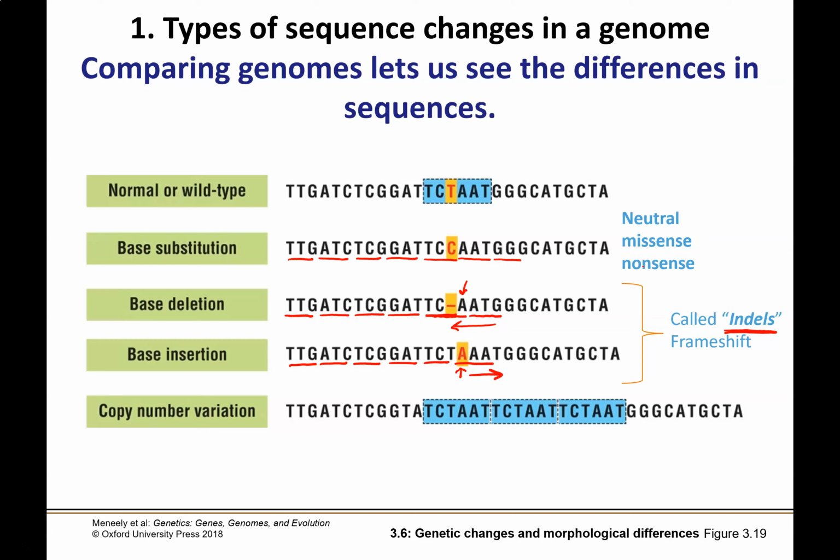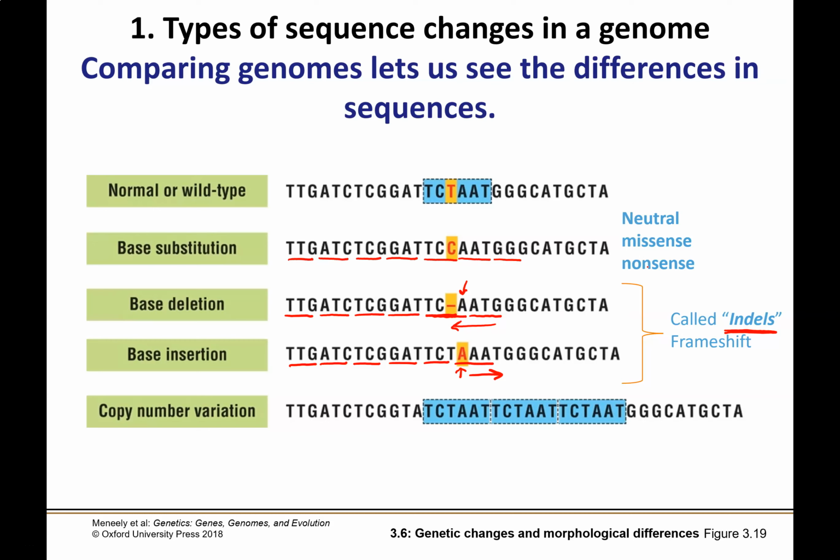It's very possible that you are also going to introduce a stop codon at some point and therefore make it a nonsense as well. Insertions and deletions are probably going to have a big effect on your overall structure because you're changing everything after that indel, whereas a base substitution is likely to change only one amino acid, so it's less likely to change the overall function greatly, although it certainly can. There's a potential for it not being quite as bad.